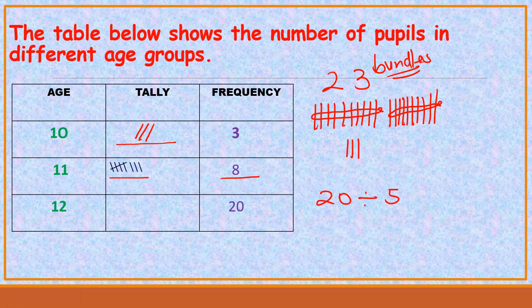The frequency is 20. These are 20 pupils under the age group of 12. Since I'm counting out the number of groups of 5, I'm just dividing this 20 into groups of 5. So the answer becomes 4.